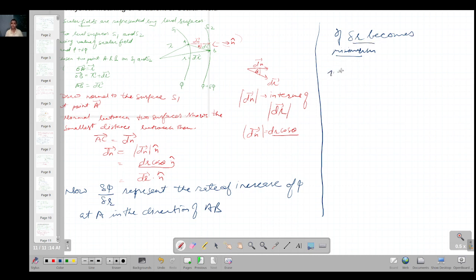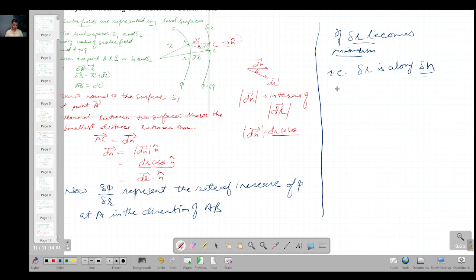That means delta n is minimum, and dr will be minimum if it is along delta n, right? That is, delta r is along delta n. In that case this dr will be minimum.